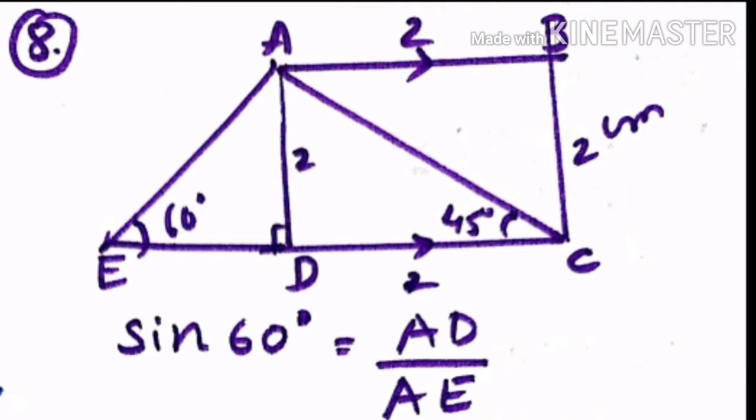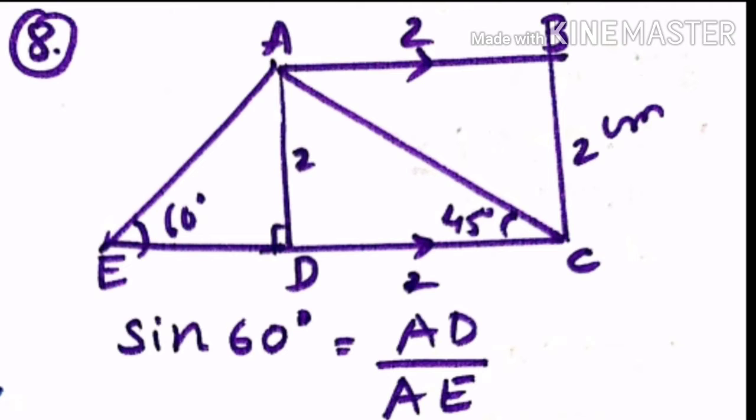So first of all we work some in the figure. You see AED is equal to 60 degrees, then AD and BC are given as 2 centimeters. Side AD is perpendicular to EC, means it makes 90 degrees. First of all we will find AE, that is in triangle AED.